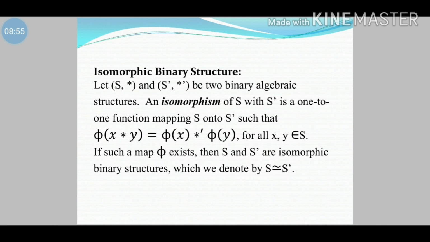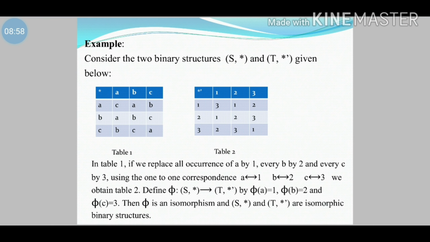For example, if we consider two tables given below, here S star is a binary structure. S is the set containing the elements A, B, C, and T is the set containing the elements 1, 2, 3.